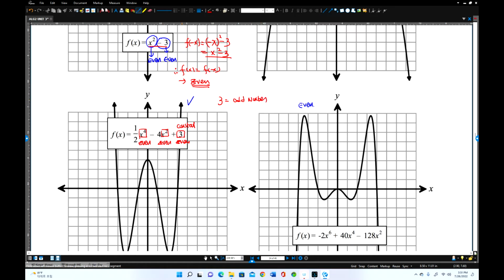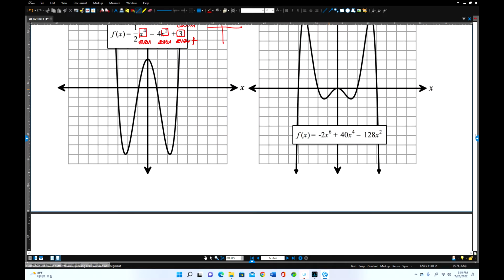But this number 3 here is a function. Y equals 3 is a horizontal line. This number is an odd number, but this is a function. We are talking about the function. Totally different. Anyway, this is an even function. So a combination of even functions is still even.